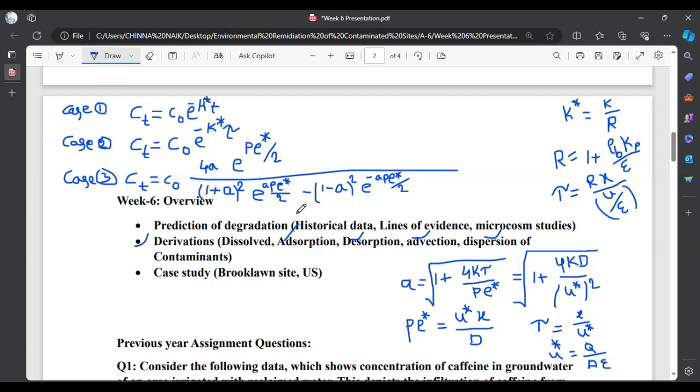So after deriving these three equations related to microbial activity, adsorption, desorption, advection and dispersion of contaminants, in the week six session the final topic is a case study at the Brooklyn site, US.